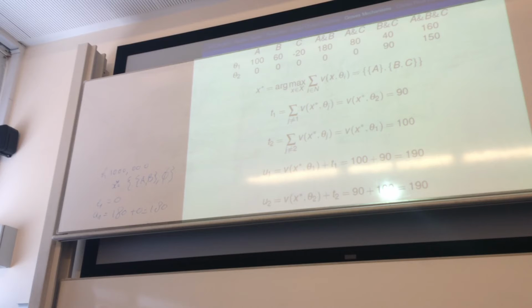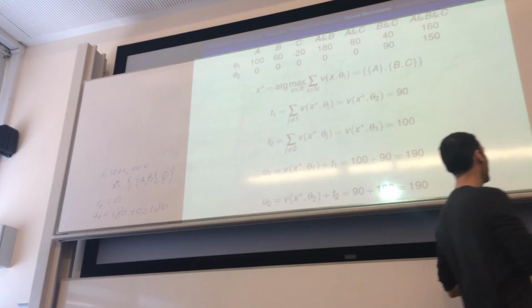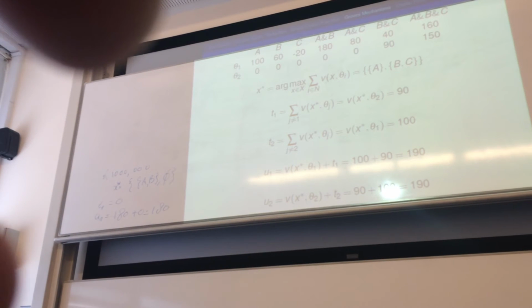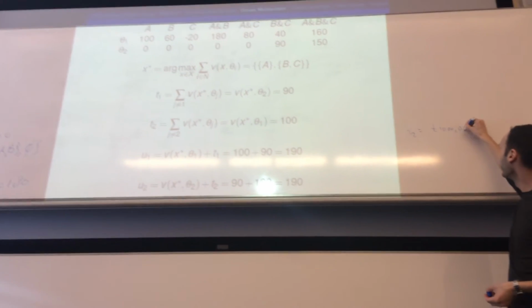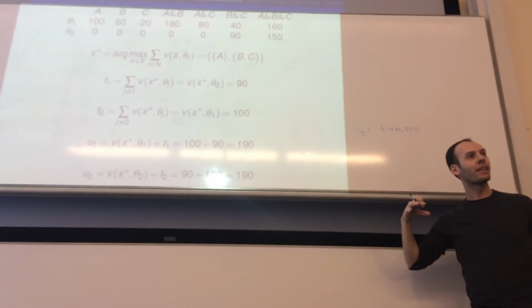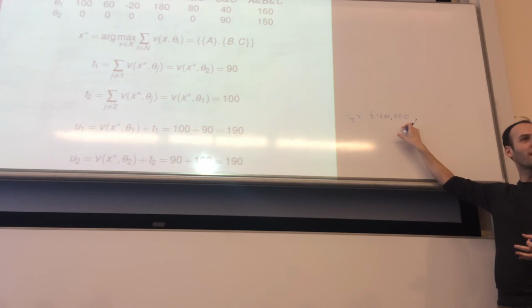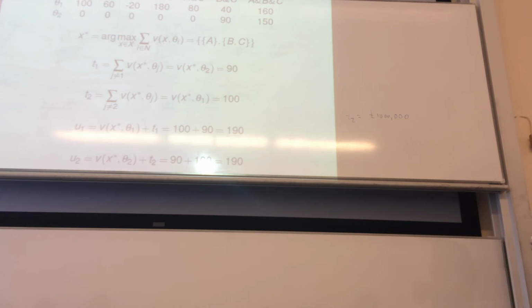Just out of interest, under these circumstances, what would be the transfer for player 2? 1 million. So obviously, if they could collude and get together, they'd be better off in this situation. So this mechanism is sensitive to collusion, so you can't make it too crazy.